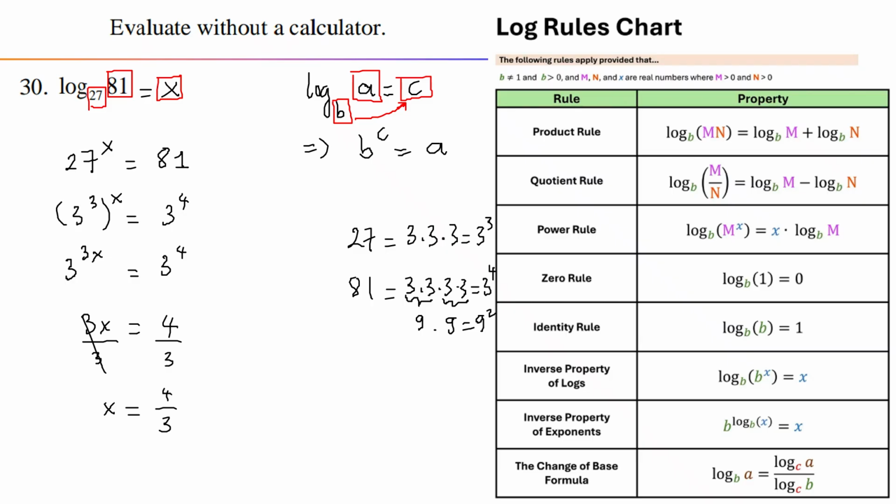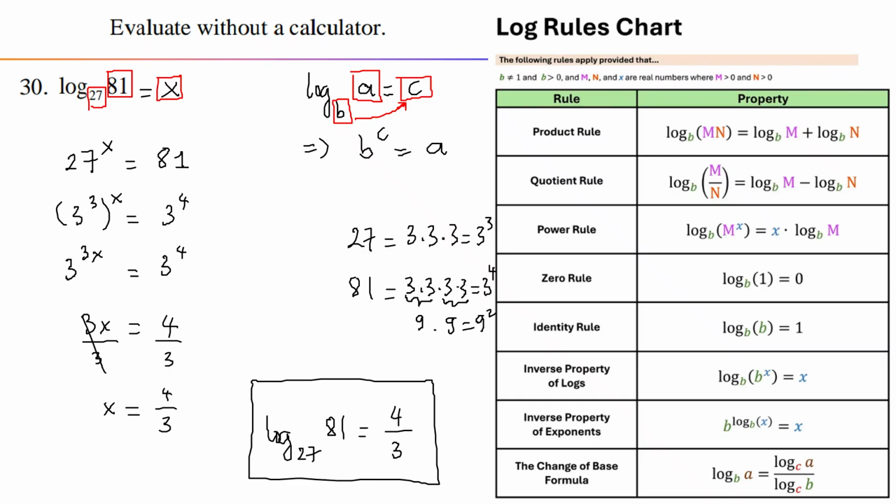Because x equals 4 over 3, we can say log base 27 of 81 equals 4 over 3, by using the technique we already learned from week 12, part 2 and 3.